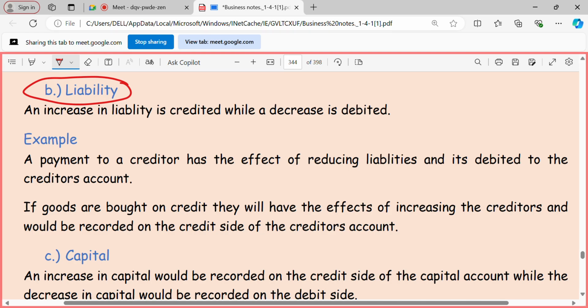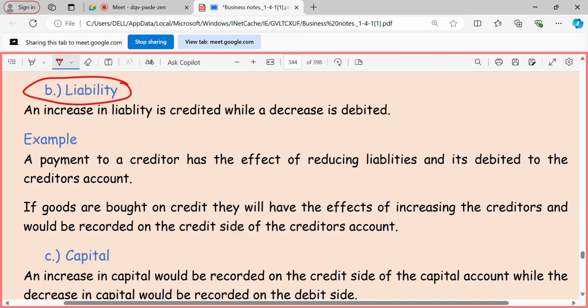An increase in liability is credited, while a decrease is debited. Whenever the loans increase, you need to credit it. And how can the loans decrease? When you pay them. Let's say you have a loan of 1 million.